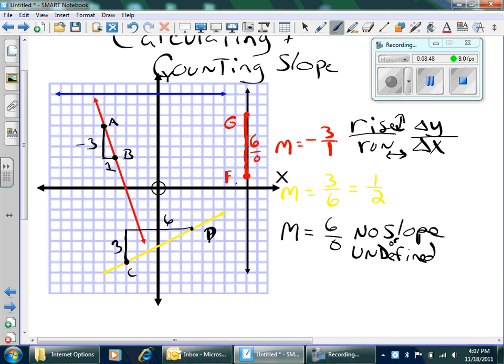Okay, moving right along. Let's go over here onto the blue line, and I'll call that point X, and I'll call that point Y, and I'll count my rise and run. I'll move from Y to X this time. Well, let's see here. I'm going to rise 0, and I'm going to run 1, 2, 3, 4, 5. That's -5.